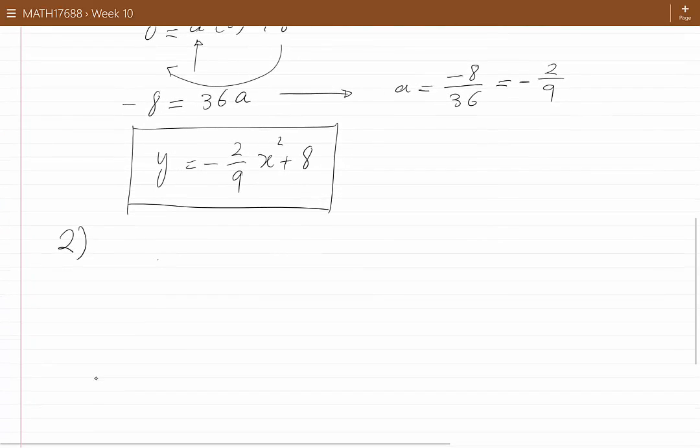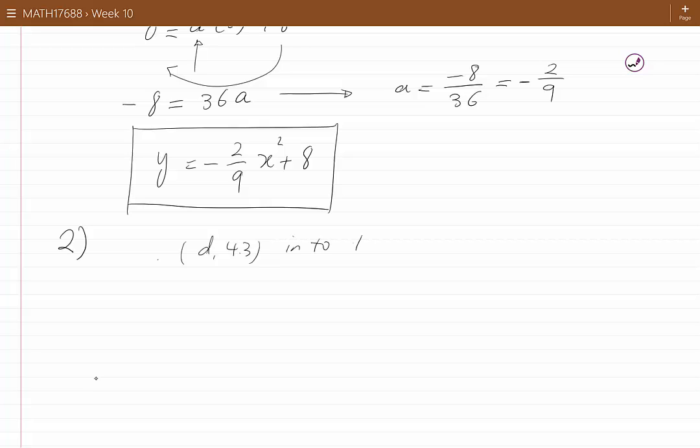Let's plug these coordinates into the equation and see what we find. If we plug in the coordinates D and 4.3 into the equation, we find 4.3 is equal to minus 2 over 9 d squared plus 8.